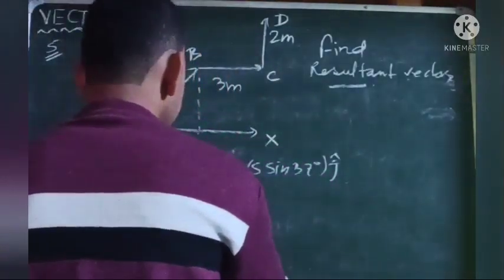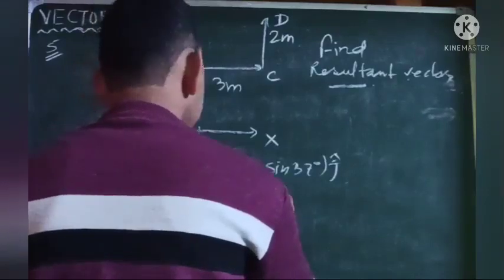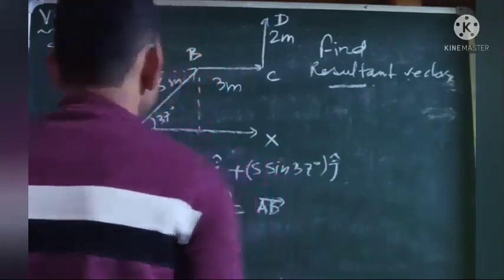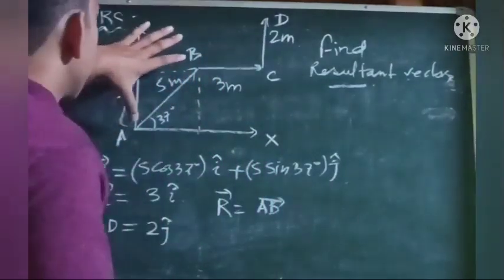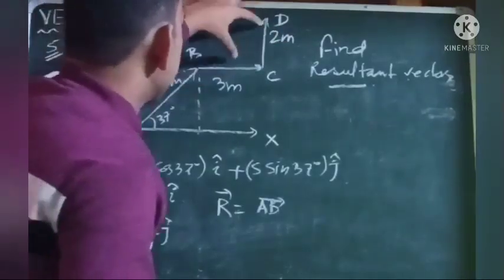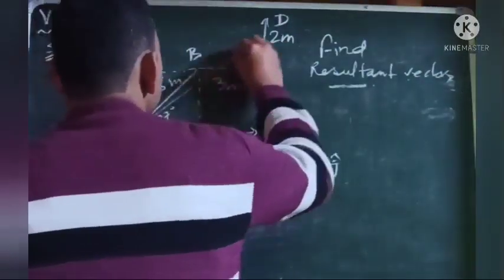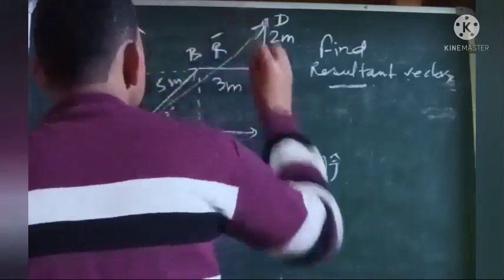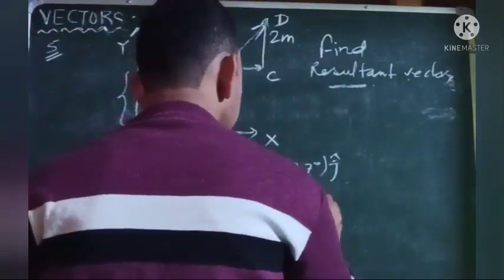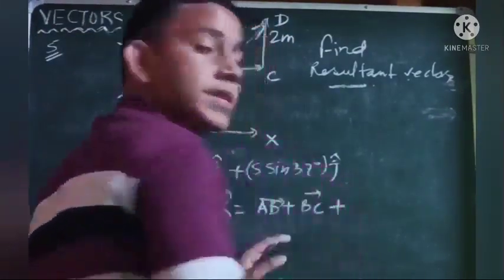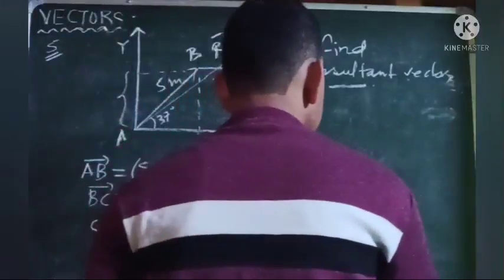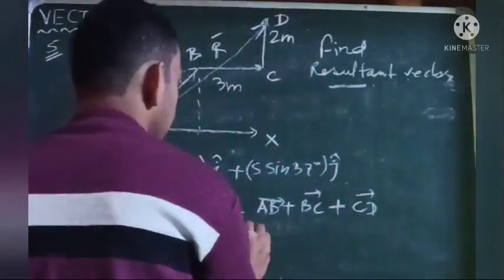Therefore, now we can find the resultant vector R vector by head-tail combination as AB vector plus BC vector plus CD vector. We are using the triangle law of addition.